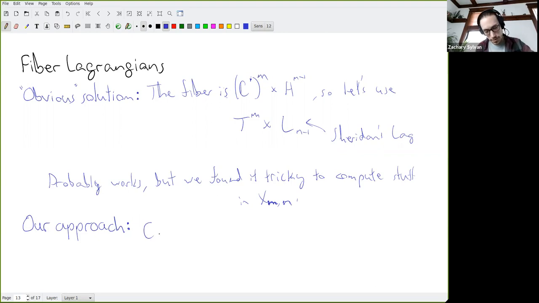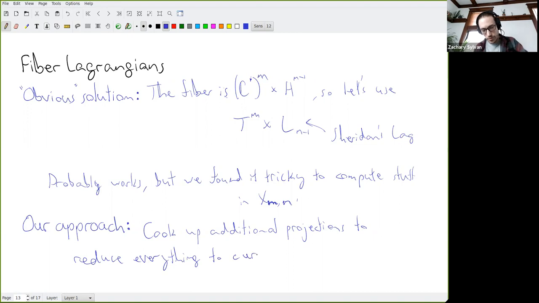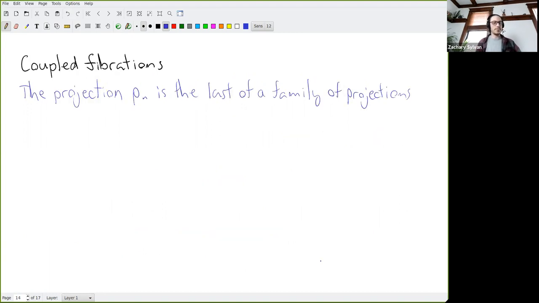We cooked up additional projections to reduce everything to curves in C. So let me say what that looks like.